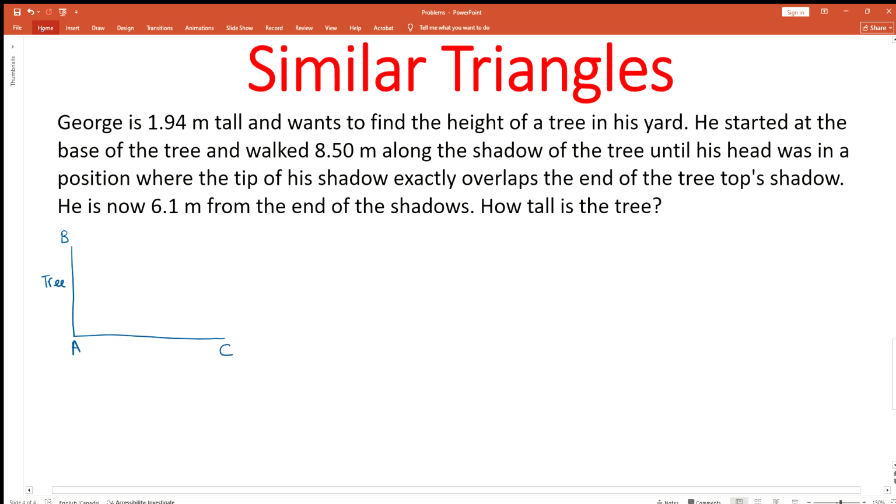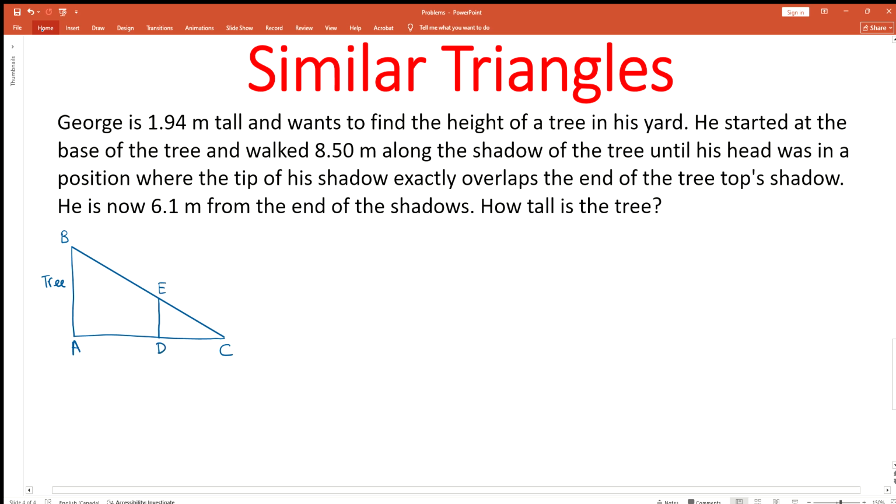We can join points B and C by a straight line. As per the problem, George started at the base of the tree and walked 8.5 meters along the shadow of the tree until his head was in a position where the tip of his shadow exactly overlaps the end of the treetop's shadow. We can show George in this diagram as line segment DE.